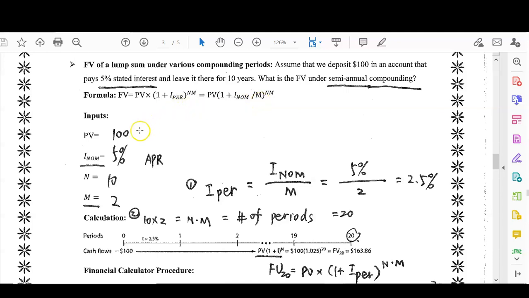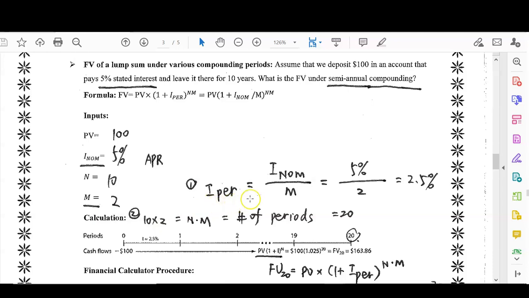Here we know present value is 100, nominal rate is 5% APR, and number of years is 10. M here is semi-annual compounding, so M is 2. And we make 2 changes here. First, we use periodic rate instead of the regular annual rate.